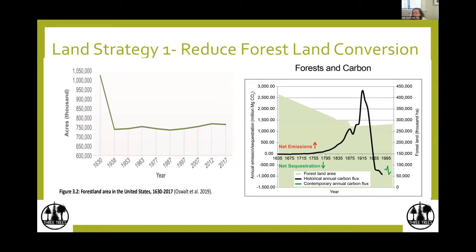Then came a huge period of carbon loss, as both carbon and forest area were lost, there was no ability to regrow, and large old trees were drawn down into smaller trees. But since about 1950, there has been a trend toward a large net sink.